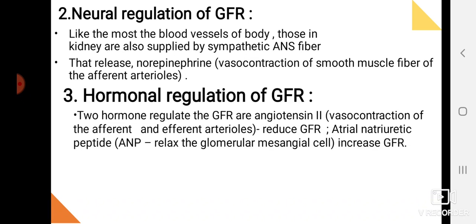So what happens? The blood flow into and out of the glomerulus is restricted by the same extent, with a decrease of glomerular filtration only slowly.